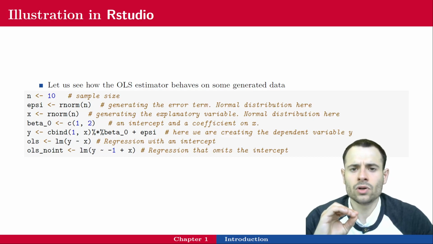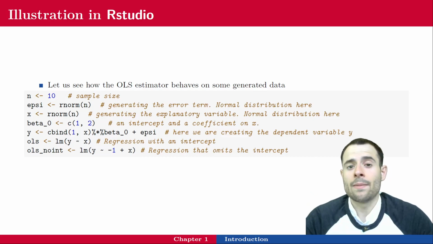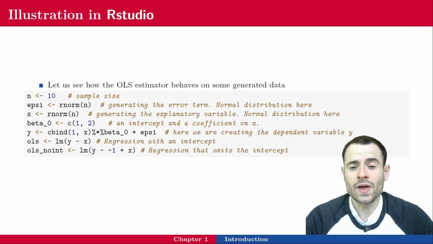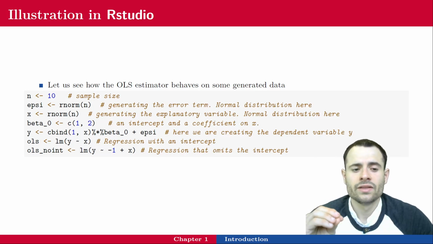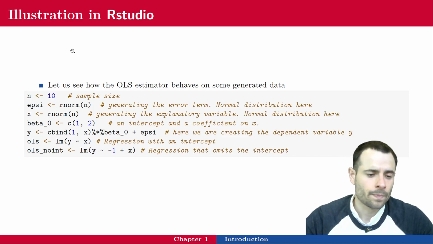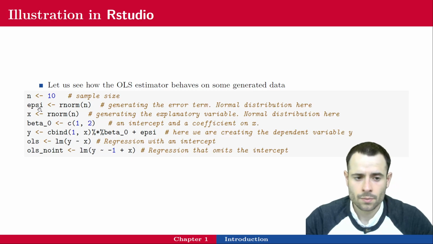Then remember, my model is linear. I'm assuming it's linear, so I'm going to create a linear model. This means that I need an error term, and here I'm going to generate my error term epsi, for epsilon, in a normal distribution. And this is what rnorm means: random normal distribution.